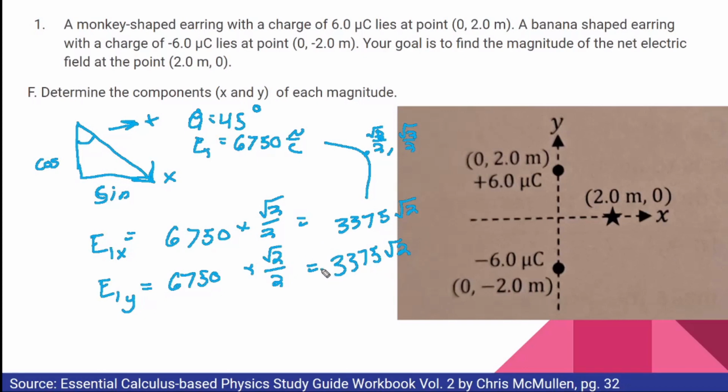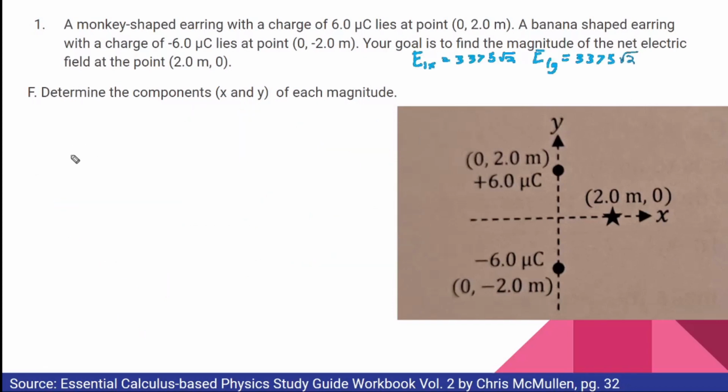However, this one will be negative because from our reference angle, the vector is moving down, which is our negative direction. Something similar can be said for our second vector.